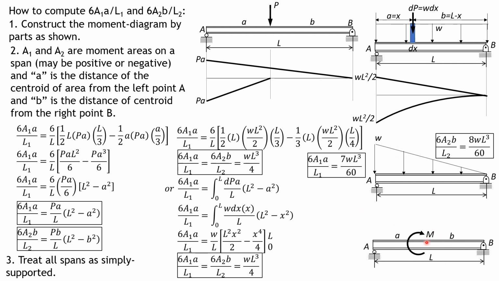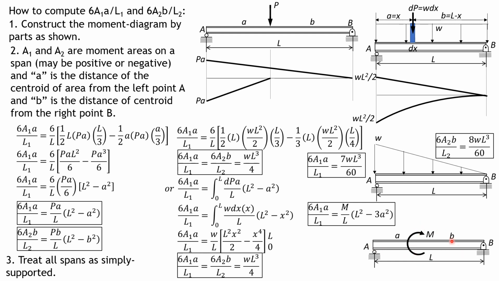For moment, the result would be 6A1A over L1. This moment here is clockwise. 6A1A over E1 I1 in general is M over L quantity L squared minus 3A squared, at the left side.